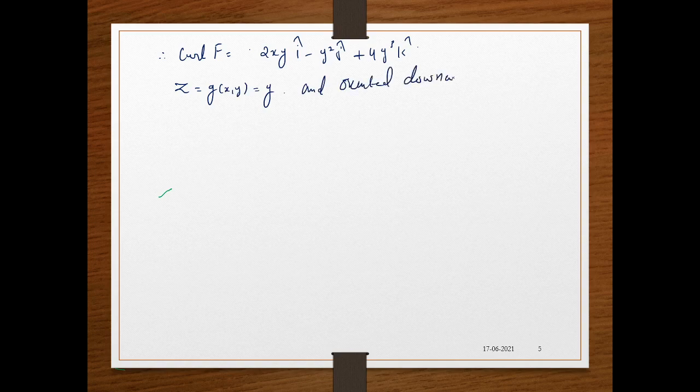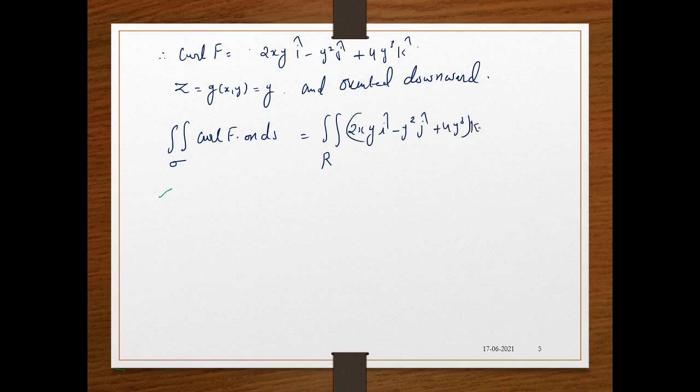So we can find the integral of curl F dot n dS, which is the double integral over R of curl F, that is 2xy i minus y squared j plus 4y cubed k, dot n dS. The orientation is downward.